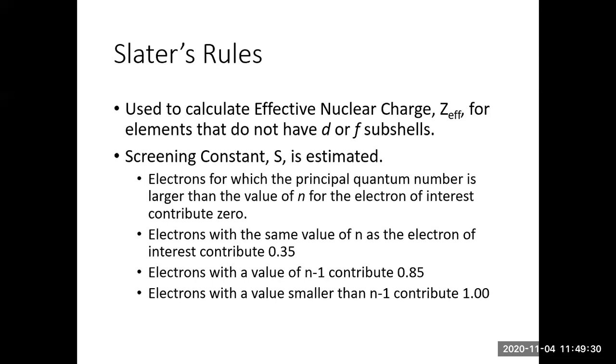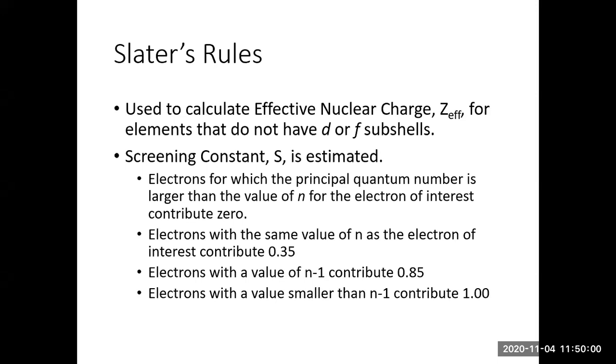If I'm looking at an electron that is, say, a 1s or 2s, and there are electrons at the 3s level, for instance, well, that's outside of where I'm at. So it's not going to shield that nucleus area. So it makes sense that those would have 0 contribution.